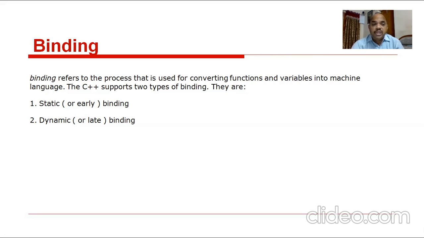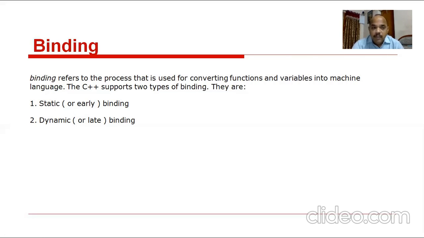Before executing the program, at compile time, it can arrange the addresses from function to function. Okay, simply machine language and a sequential address is provided. Clear? Sequential address is provided.